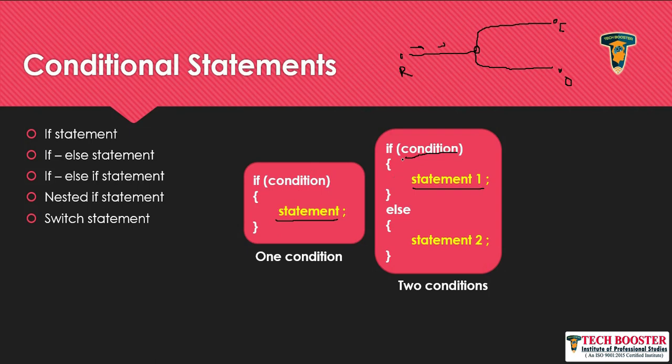If my condition is not satisfied, then I have my else. Very carefully, whenever your condition is not satisfied, the statement that you write within this else will get executed. This is the case when you have two conditions.